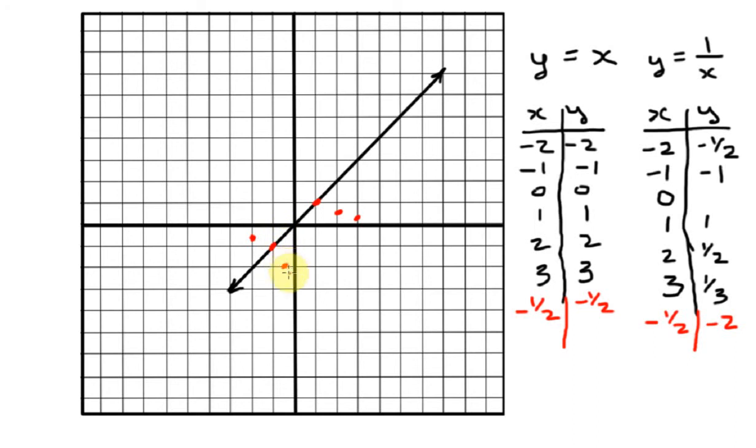Okay, so I think you can kind of see what's going on when we tried to take the reciprocal of 0. What you actually get here is an undefined situation, and an undefined situation in the graphing world tends to be a vertical asymptote. So I'm going to draw that in here in red. You're going to get a vertical asymptote, and then this is what your graph kind of looks like.